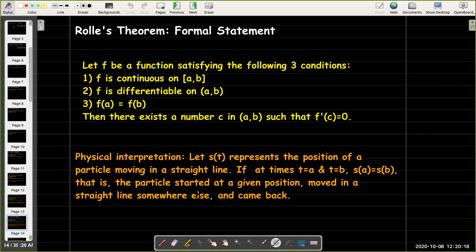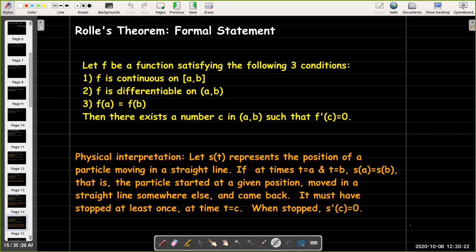Well, it's always moving in a straight line, so the only way it can come back is it must have stopped at least once. And when the particle is stopped, its velocity is 0, so S prime would be 0.